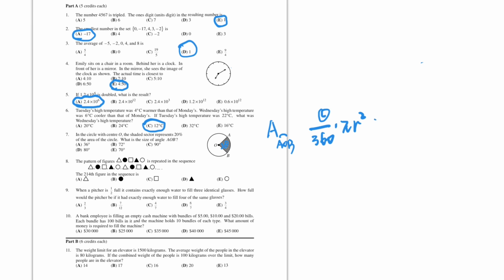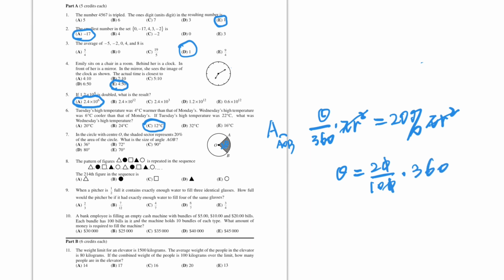They equal to the 20% of the total area of the circle. Circle area is the pi r squared. Now we can cancel pi r squared, and theta equals 20 over 100 times 360.